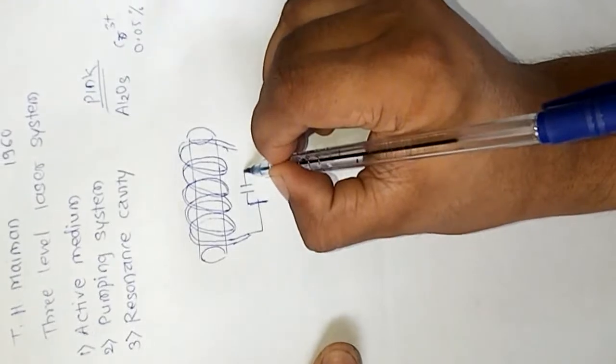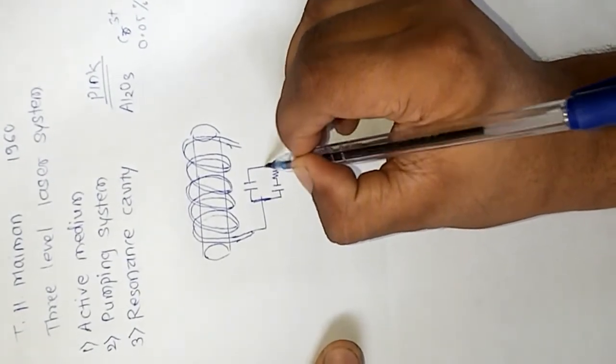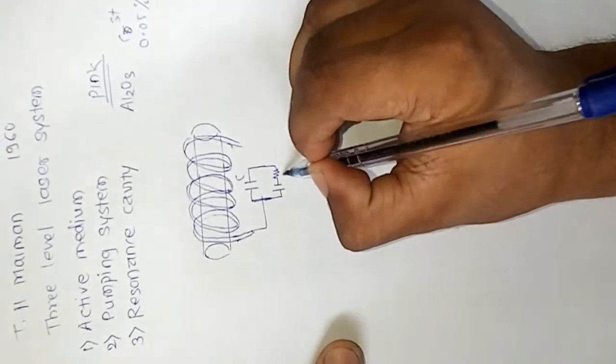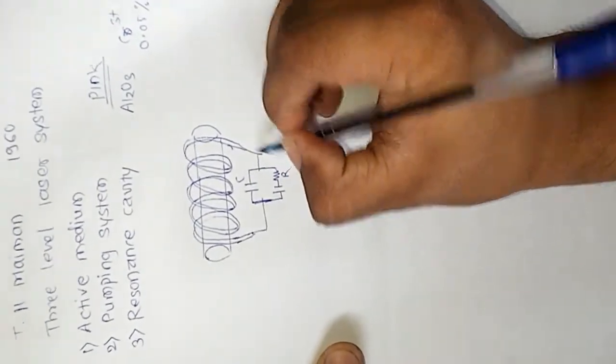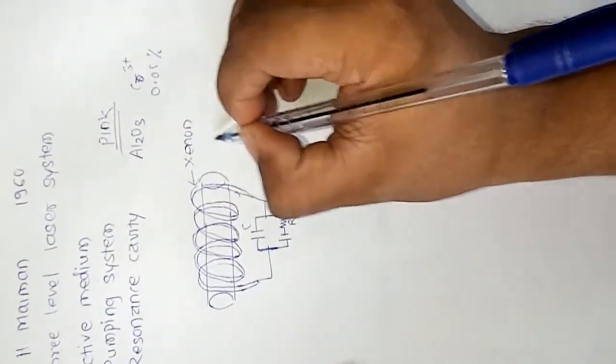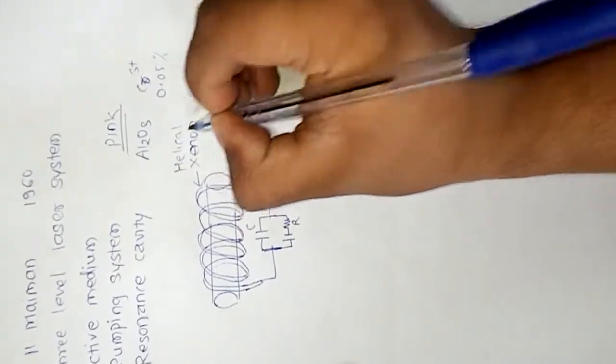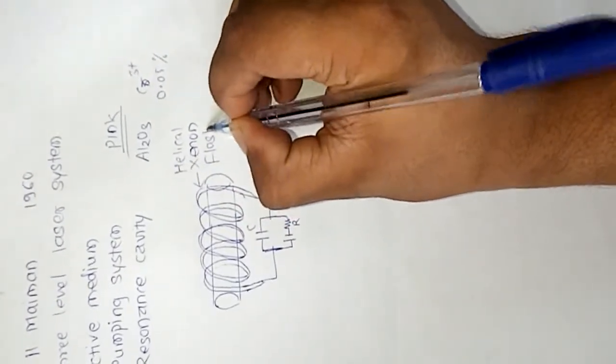This is the capacitor C, this is the resistance R, and this is the helical xenon flash tube.